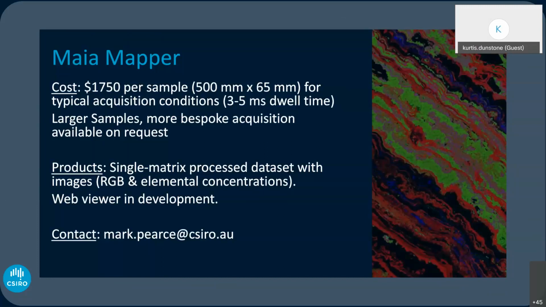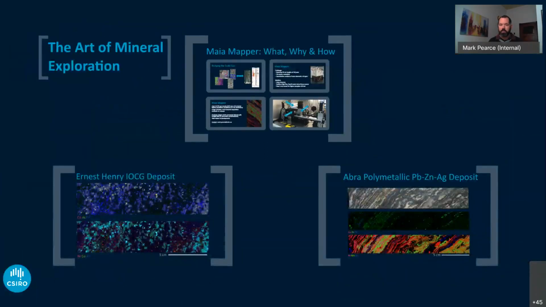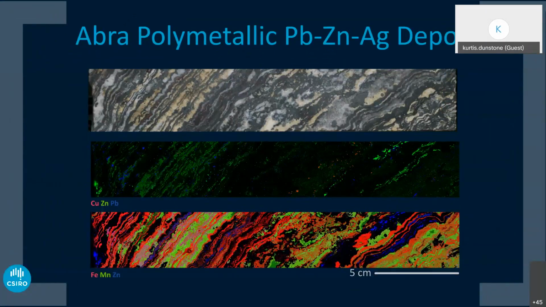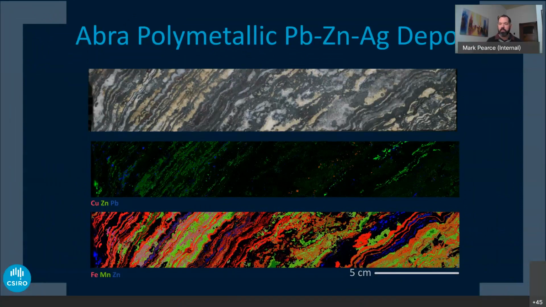Let me show you a few examples of data sets that have been produced with this instrument and the kind of results we can start to look at. The first example comes from the Abra polymetallic lead, zinc, silver deposit. There's a whole bunch of other elements, copper and gold, in there as well. It's a relatively enigmatic deposit in the Capricorn Orogen.